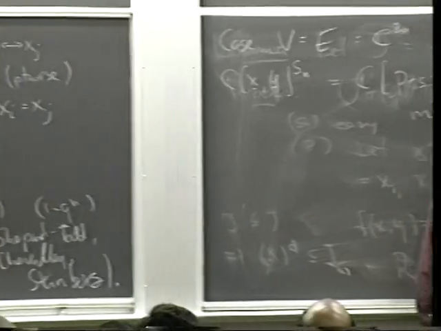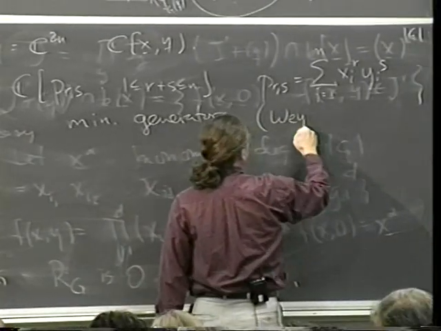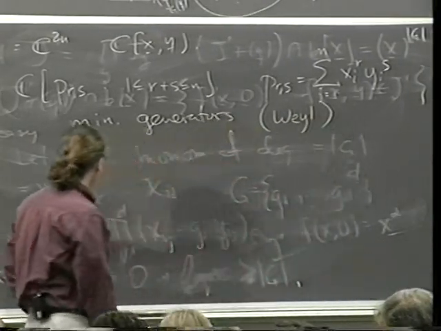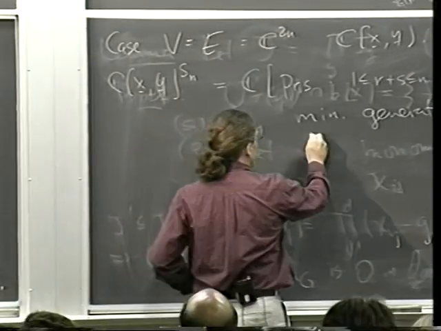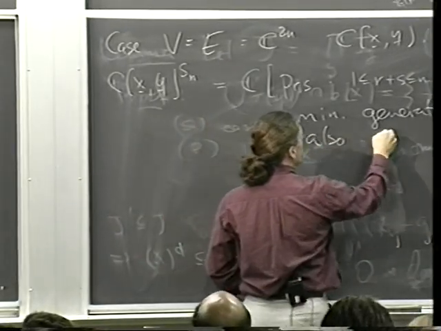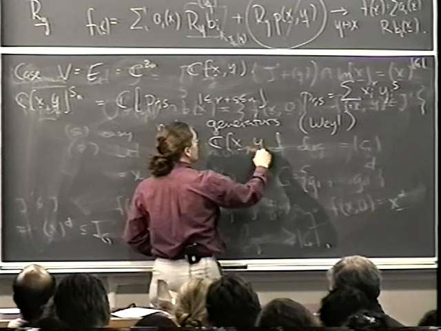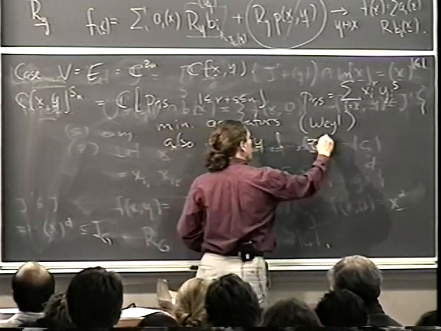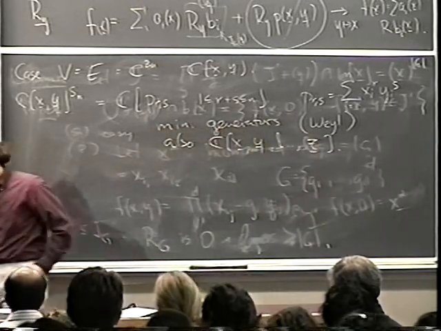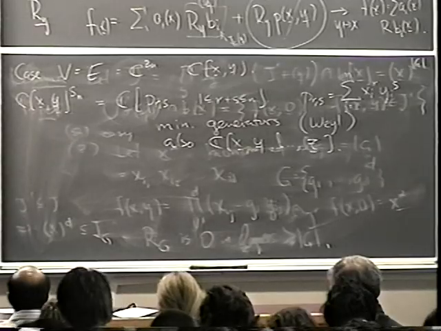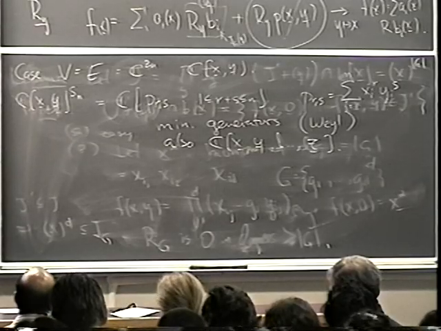And this is a theorem of Weyl. And it's also true in any number of sets of variables, x, y, dot dot dot, z. Okay. You can find this in his book on the classical groups.